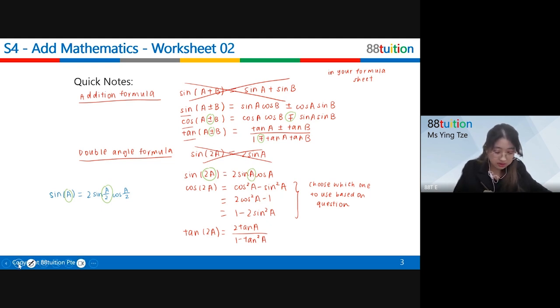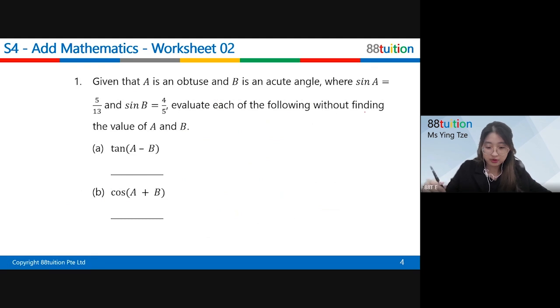Okay. So we move on to the first question. I'll give you all some time to try, and then you can tell me your answers for question 1.